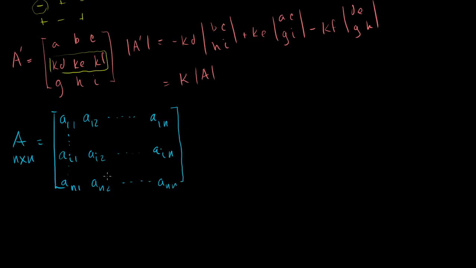This is as general as you can get for an n by n matrix. Now, let's figure out its determinant. So the determinant of A, and I'm just going to go down that row right there. The determinant of A is equal to, well, we have to remember the checkerboard pattern, and we don't know where we are in the checkerboard pattern because I just picked an arbitrary general row here.